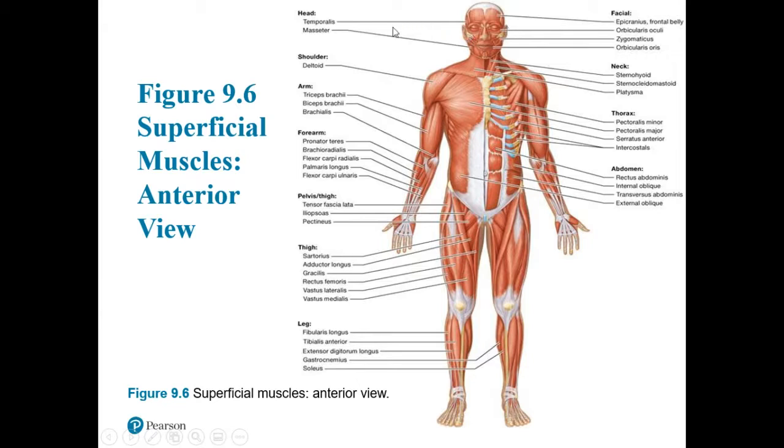First and foremost, temporalis. Go ahead and bring your hand to right above your ear, and then bite down. Feel the contraction of the temporalis muscle. What do you think the action is? The action obviously is moving the mandible, so bring that mandible up so you can chew.